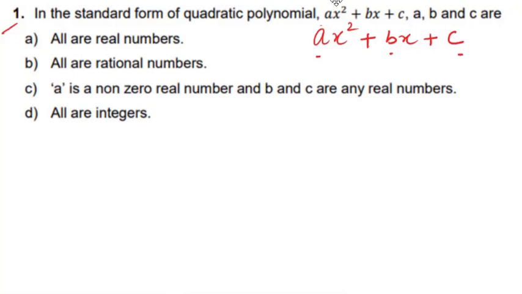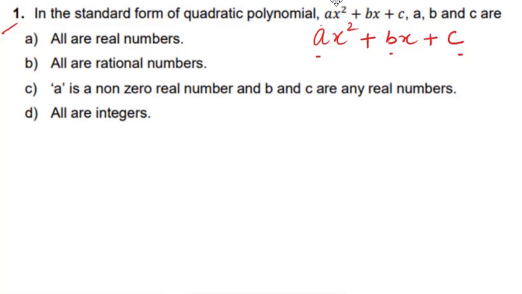The first option is all are real numbers. Option B is all are rational numbers. Option C is a is a non-zero real number and b, c are any real numbers. Option D is all are integers.